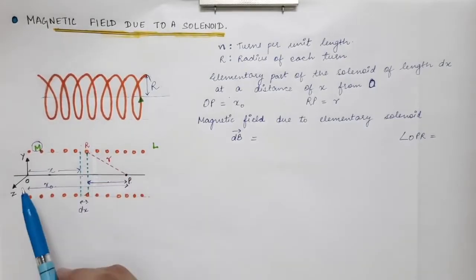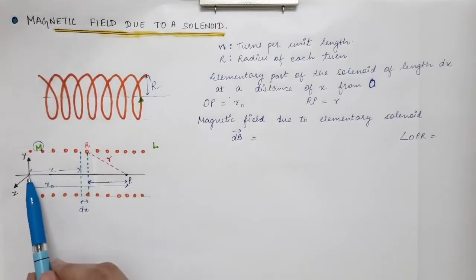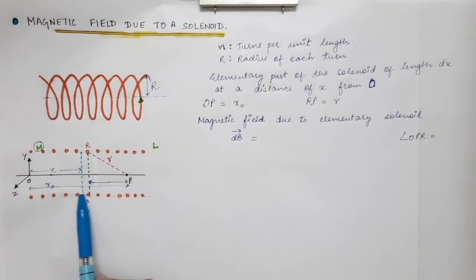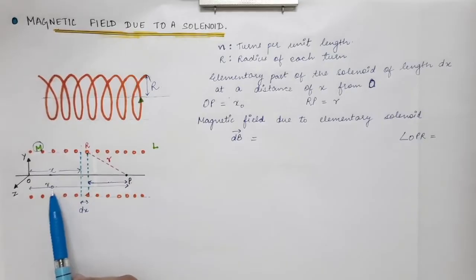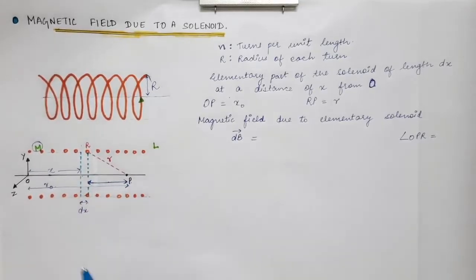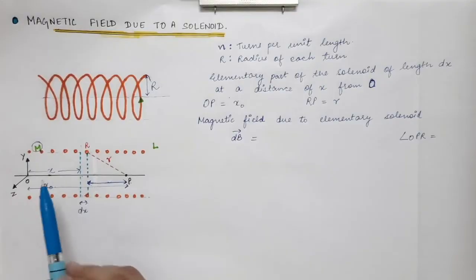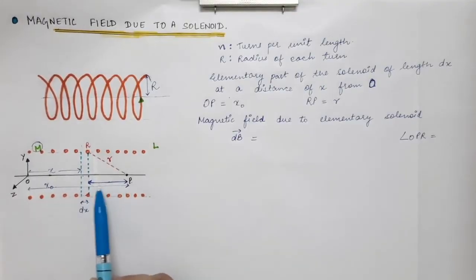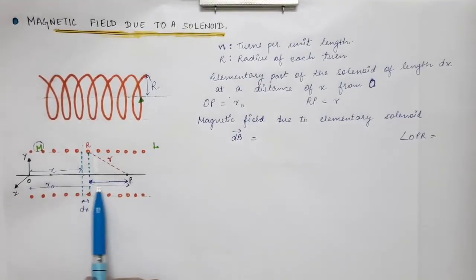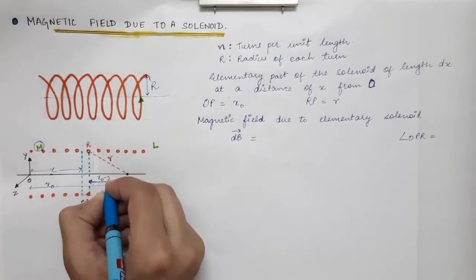And the OP length, the distance of the observation point from the origin of the coordinate system, is given by x naught. So what will be this length? As we have said, this dx length is very small. So this length will be just equal to x naught minus x.